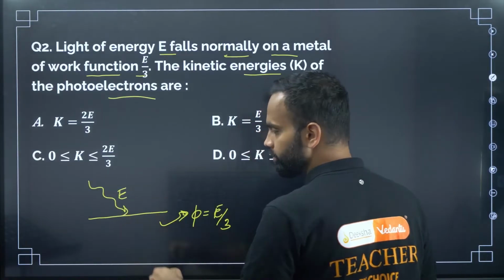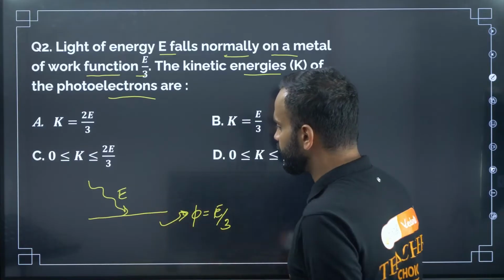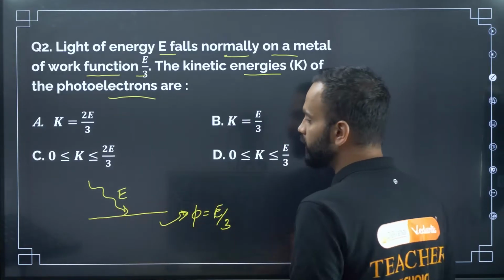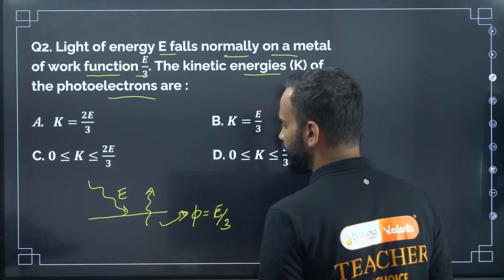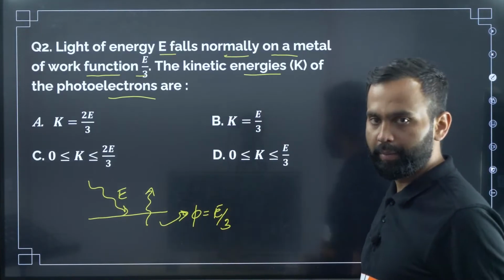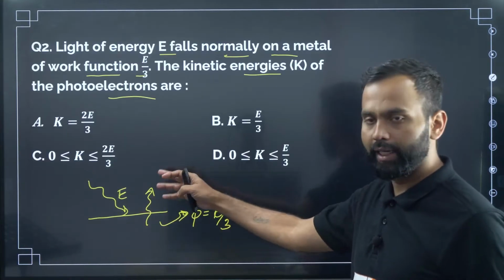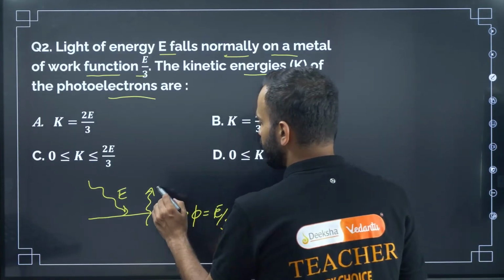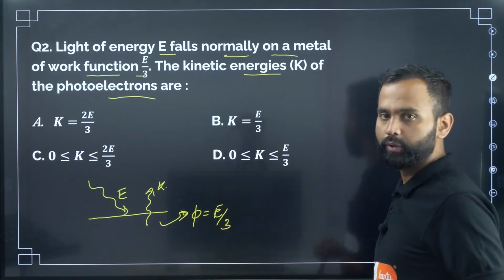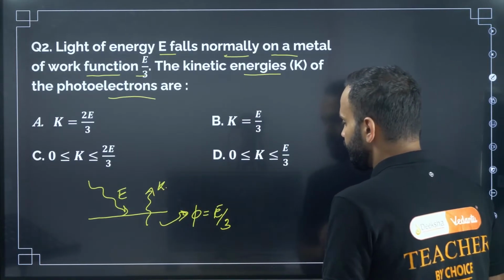When the light of energy E falls on the metal surface, electron will emit. The work function of the metal is E by 3, and E is greater than E by 3, so definitely electron will emit. So electron has some kinetic energy K, and they are asking to find K.